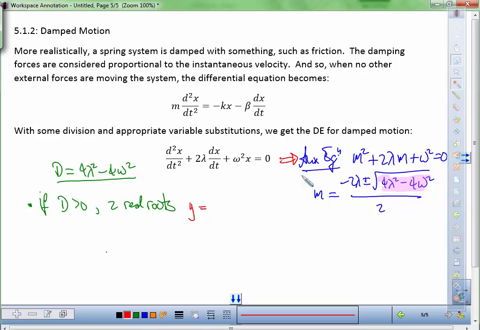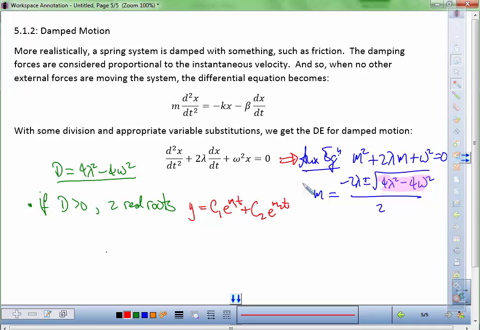E to the what? E to the m1. So it's going to be some constant times e to the m1 t plus another constant times e to the m2 t. So we have a couple of exponential functions. Whether these exponents are positive or negative is going to dictate whether this is a growth or decay type of system.